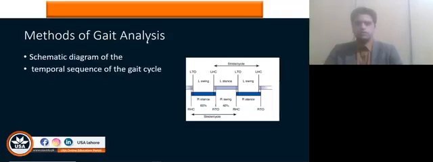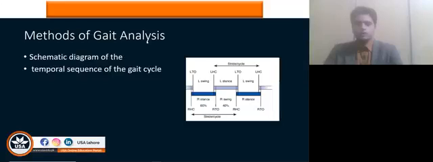So let's continue forward. Now, if you look at this PowerPoint diagram, this is basically a schematic diagram of the temporal sequence of the gait cycle, or stride, showing the complete right side. If you see the shaded area over here in the deep blue part, that is the right part, and the left strides.